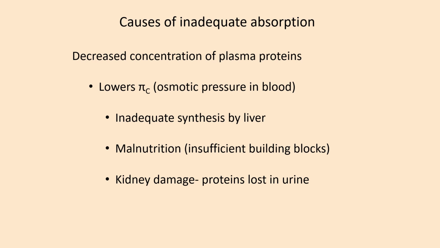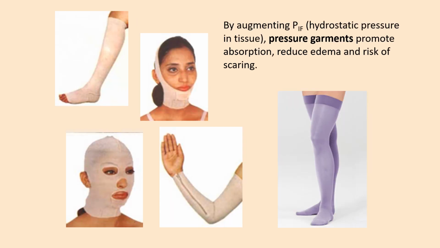The kidneys are supposed to leave the proteins in your blood. But if there's damage to the kidney or inflammation in the kidney, that function can be compromised and we can start to leak plasma proteins and lose them from the body in urine. And if we lose them at a rate that's faster than the liver can resynthesize them, then we can end up with too few plasma proteins.